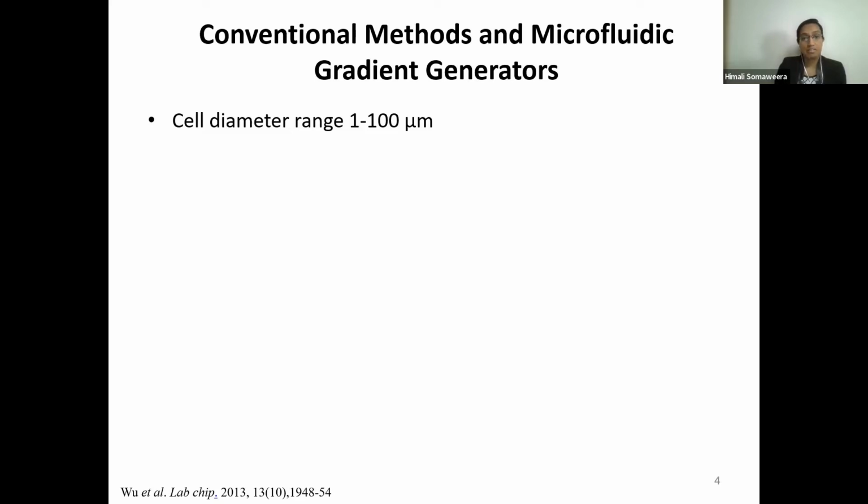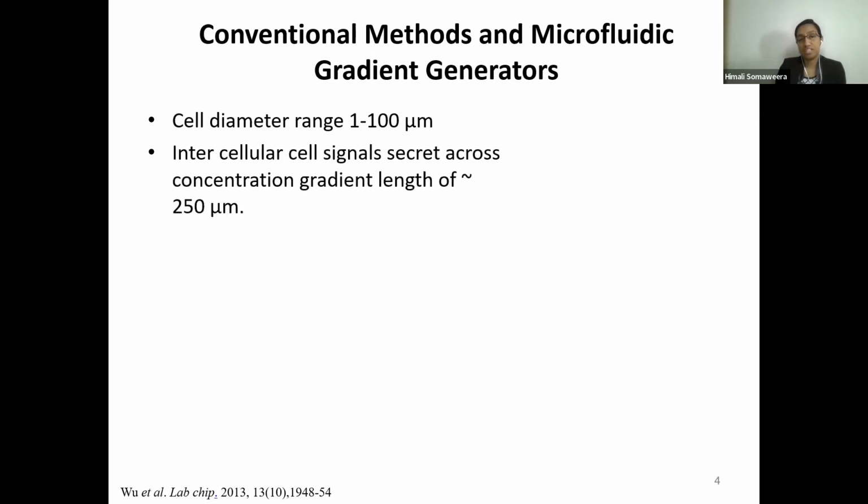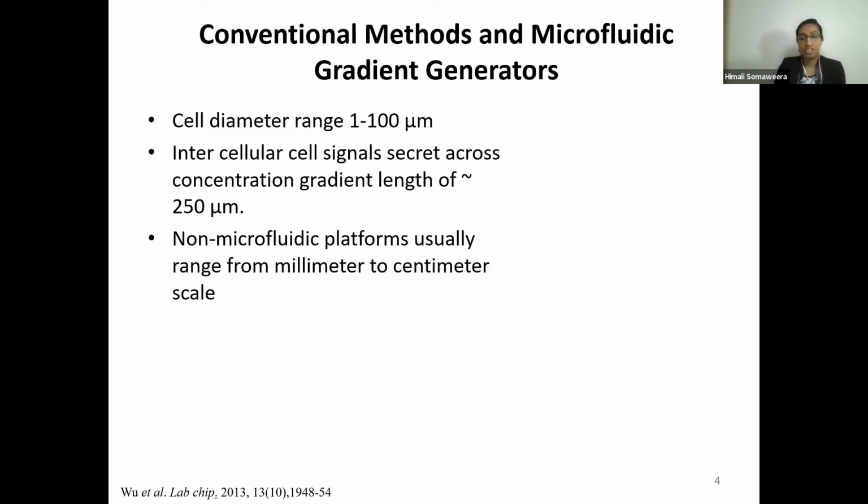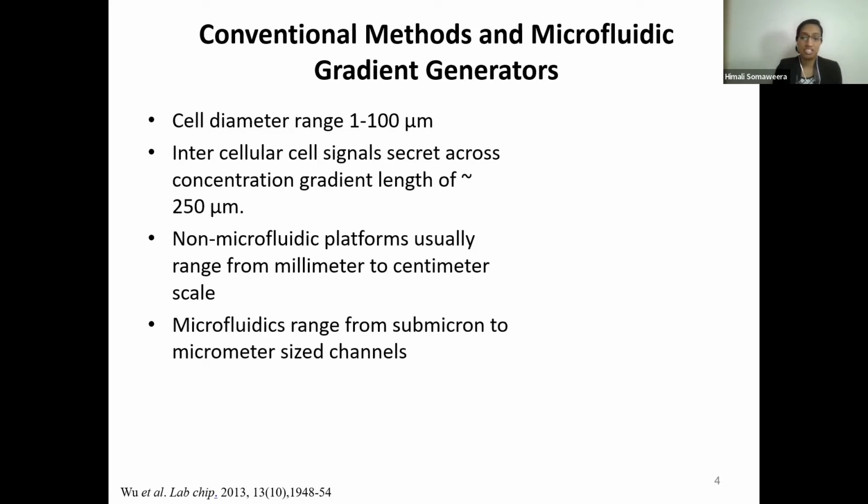Cell diameter usually ranges from 1 to 100 micrometers, and intercellular cell signals are secreted across gradients of about 250 micrometers. But non-microfluidic platforms usually range from millimeter to centimeter scale, while microfluidics always ranges from submicron to micrometer-sized channels.